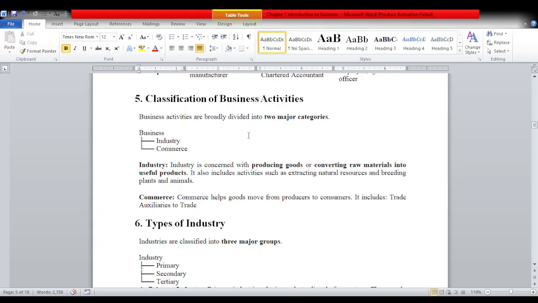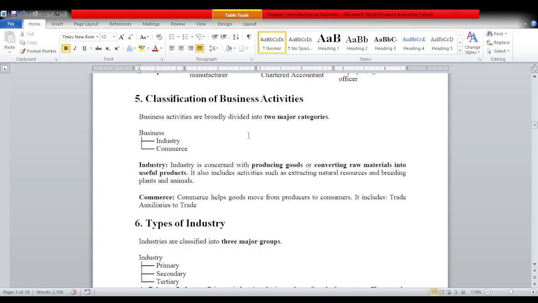So all these are auxiliary to trade, which help the producer to distribute the goods from its warehouses to the doorstep of the consumer. So this is how industry and commerce cover all the business activities, and business activity involves these two major categories, industry and commerce.